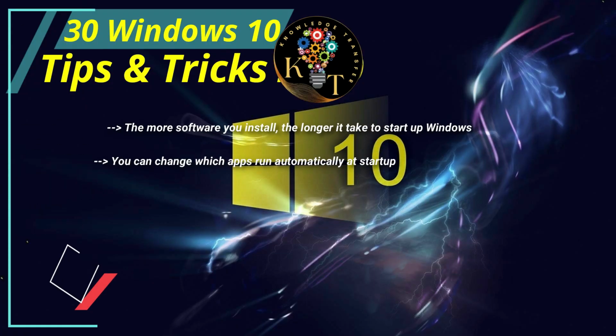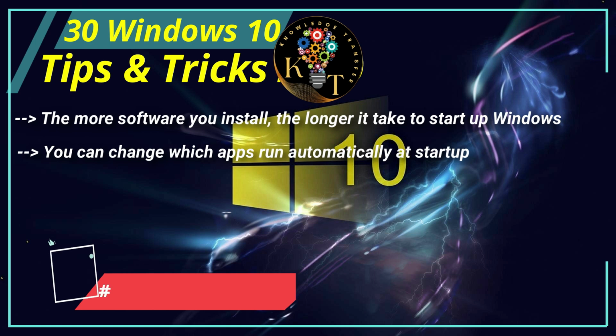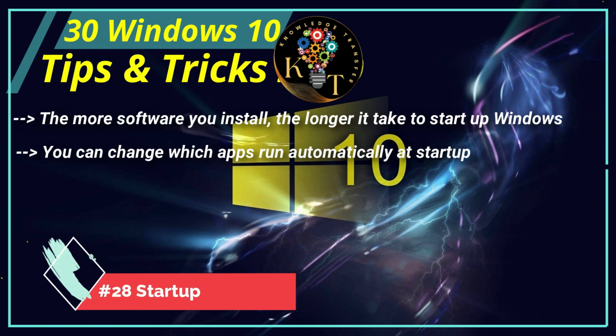Number 28. Startup programs. The more software you install on your computer, the longer it may seem to take to start up Windows. You can change which apps run automatically at startup in Windows 10.